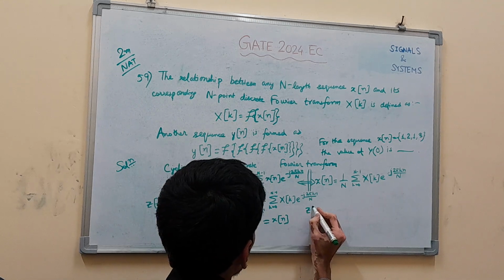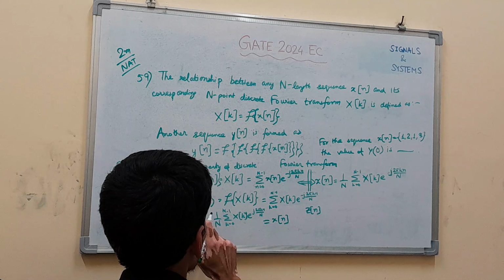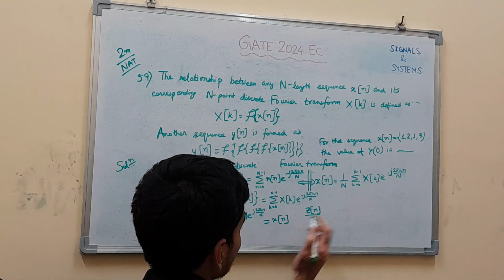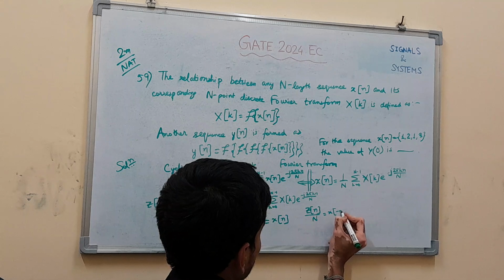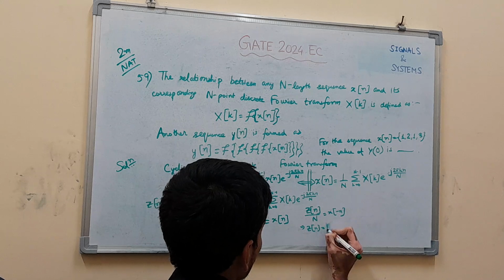So what can we write for z of n? If we again replace n with minus n, z of n becomes z of n by N, and here x of n becomes x of minus n. Now taking N to that side, we get z of n equal to N x of minus n.